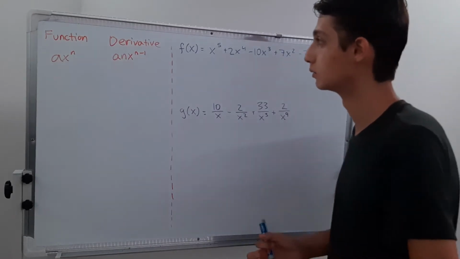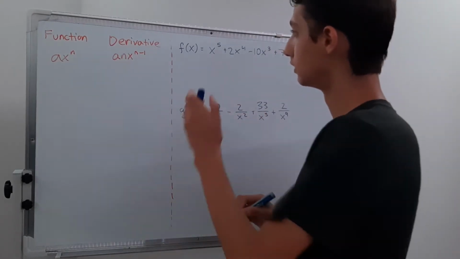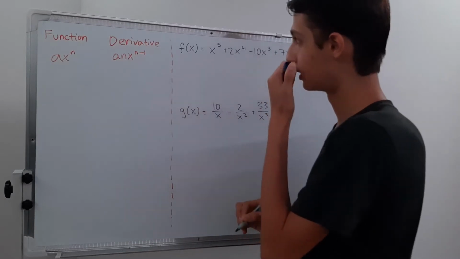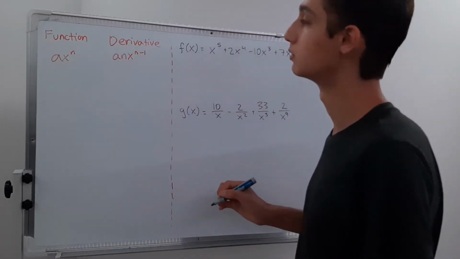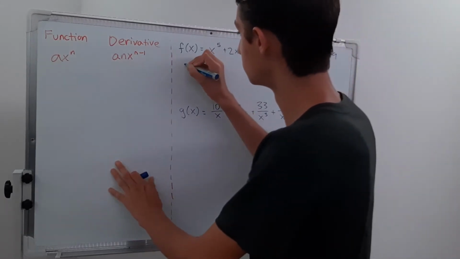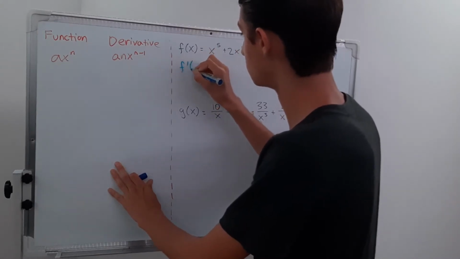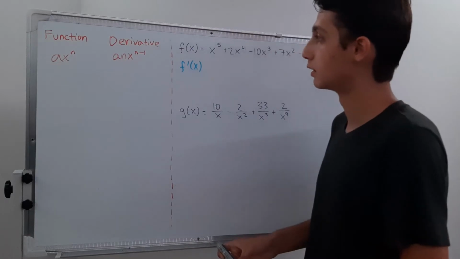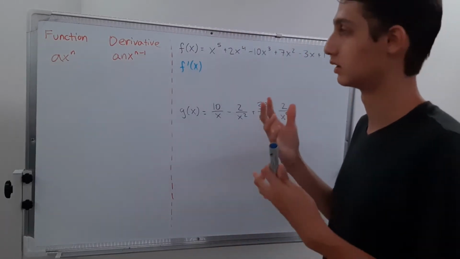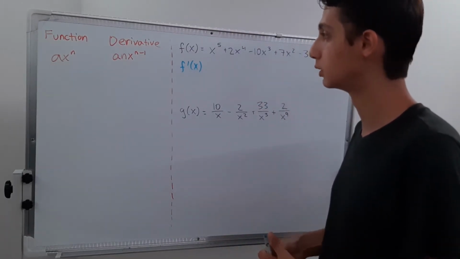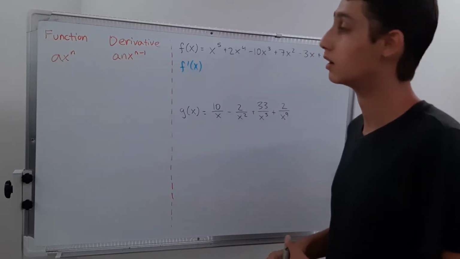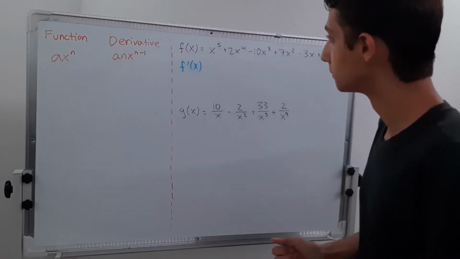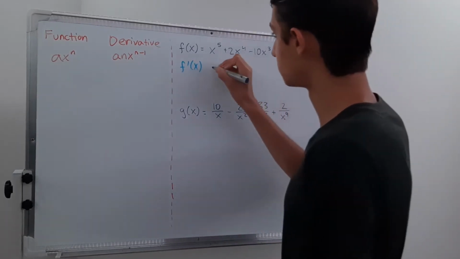So we have our function, and we have to find the derivative. The notation for a derivative is f prime of x, and the prime is not a 1, it's an apostrophe. The prime denotes the derivative of this function.